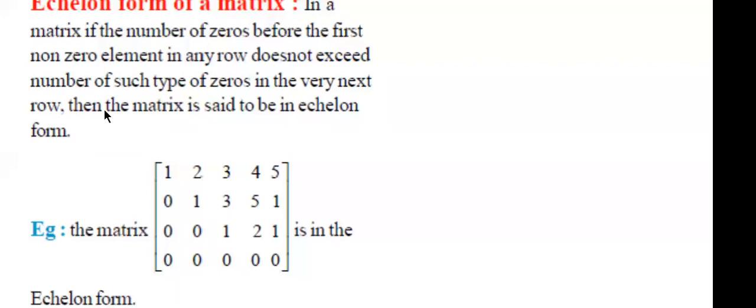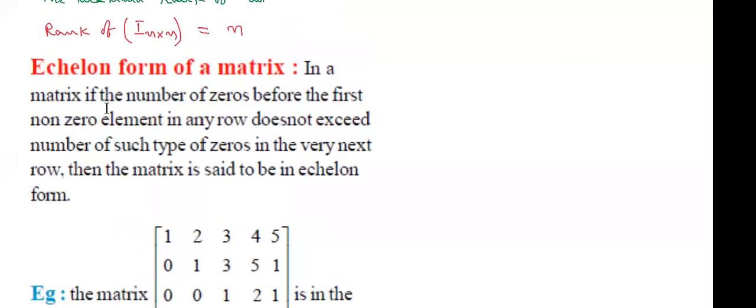In a matrix, if the number of zeros before the first non-zero element in any row does not exceed the number of such zeros in the very next row, then the matrix is said to be in echelon form. If you can't understand the definition, see one example, then you will understand.